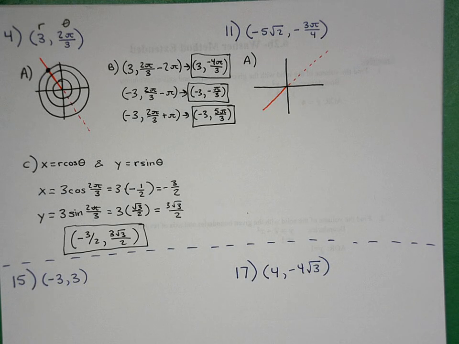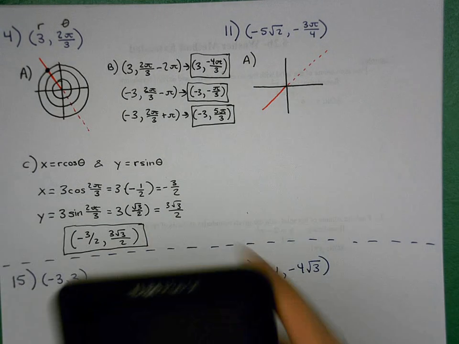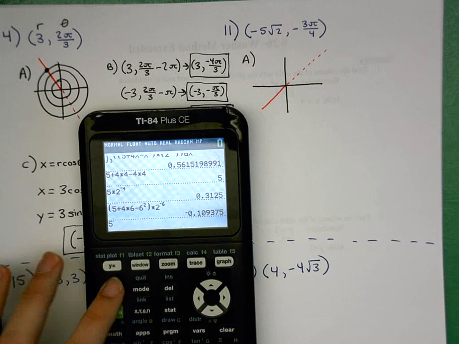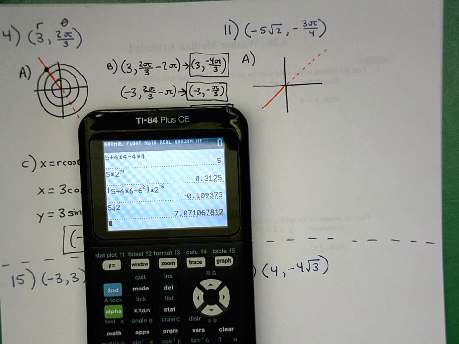And so we're going to be looking at probably around 7. Now, if you wanted to, you could take a moment and actually calculate what 5 root 2 is. Let me go ahead and do that real quick. So 5 root 2 ends up being 7.071. So like we said, kind of around 7.